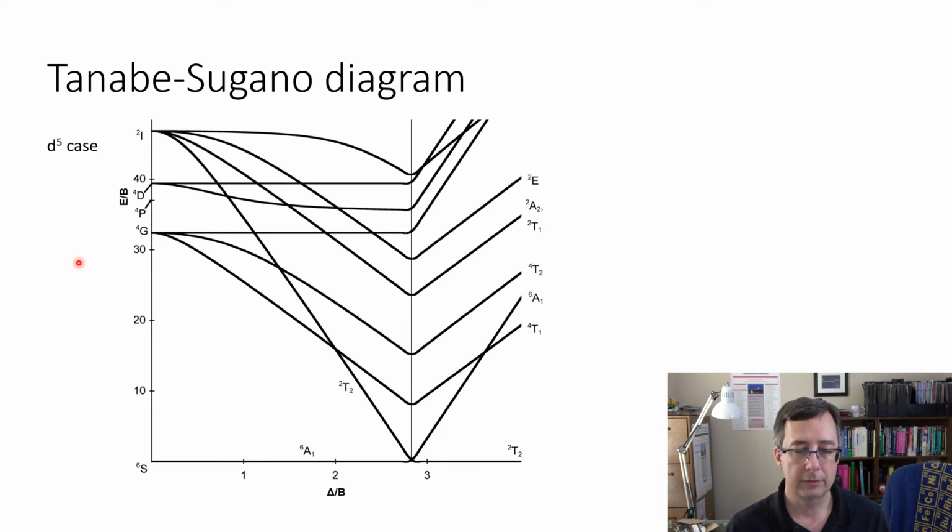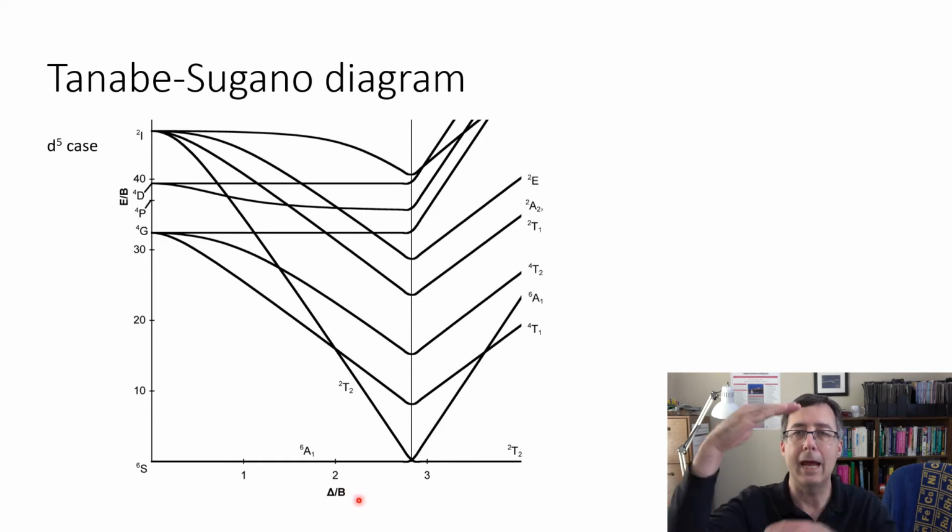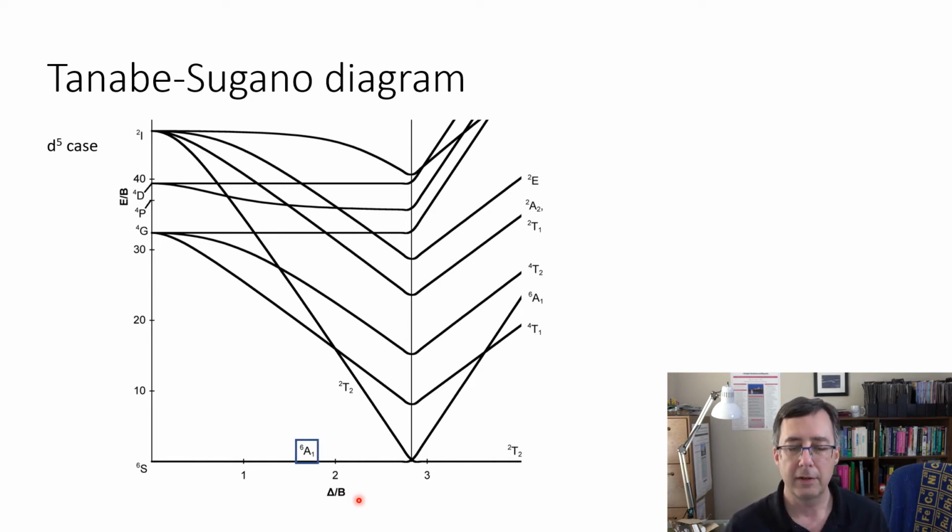And it's plotted as a function of delta, this delta gap that I just had on the previous slide, okay? And you'll see that for smaller deltas, the ground state in a complex looks like a sextet A1. But if I go to much larger deltas, then it swaps and I wind up over here.